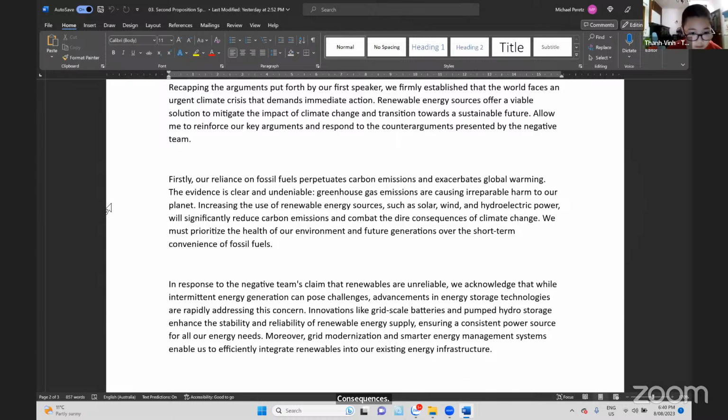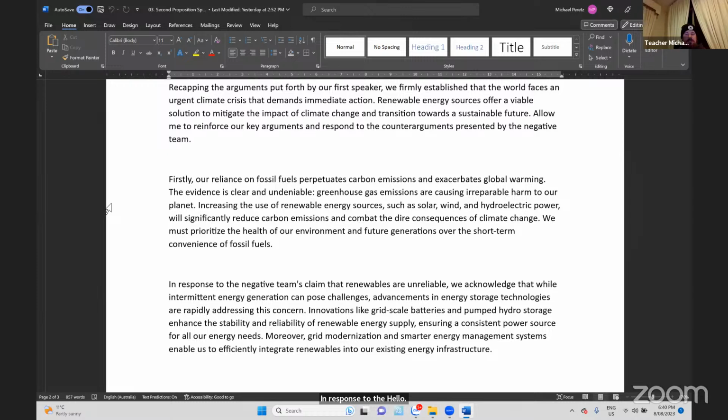We must prioritize the health of our environment and future generations over short-term convenience of fossil fuels.